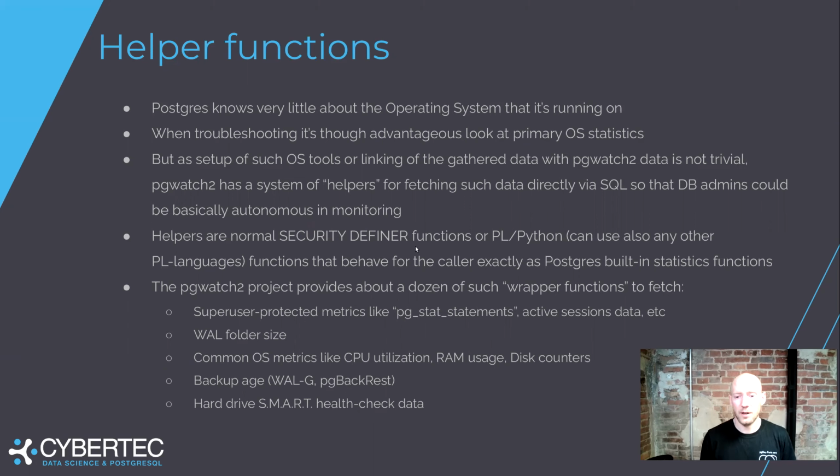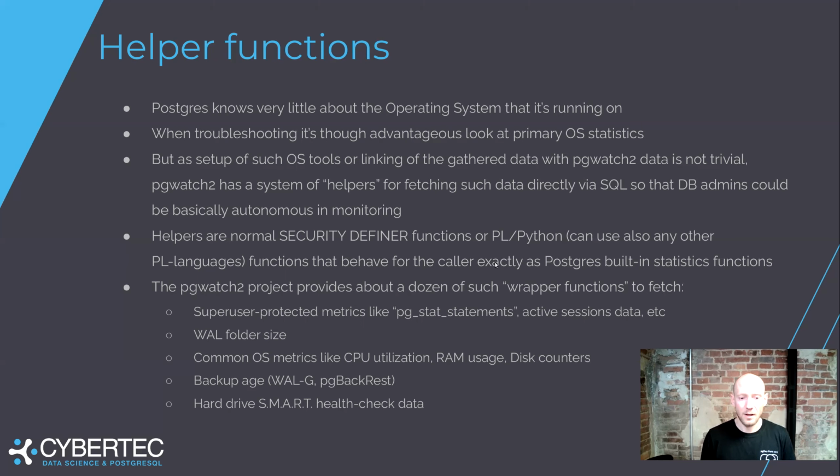Those helper functions can be, for example, PL Python functions, meaning in the unsafe version we can use the full power of Python, extract arbitrary metrics and give them back over the Postgres port.